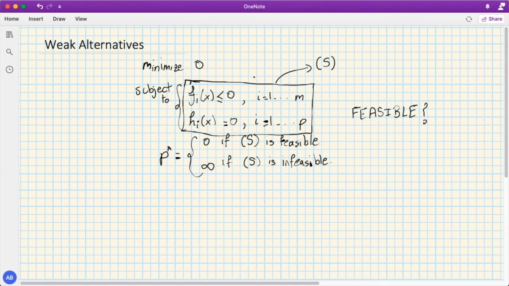So determining whether S is feasible or not depends on the optimal value of this problem that we formed. So you grab your system of inequalities and equalities that you want to find if they're feasible or not. You form a minimization problem putting S as constraints. You minimize 0, and then there you go. P star would tell you if S is feasible or not.